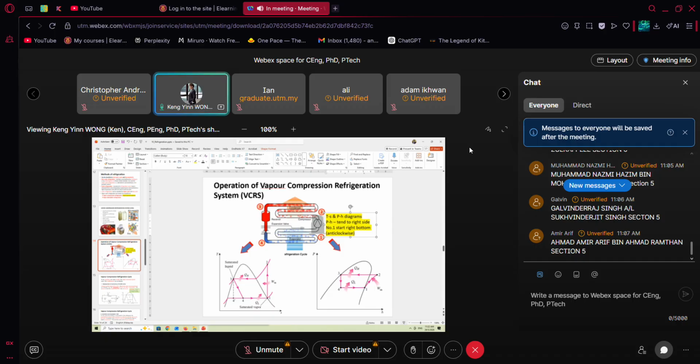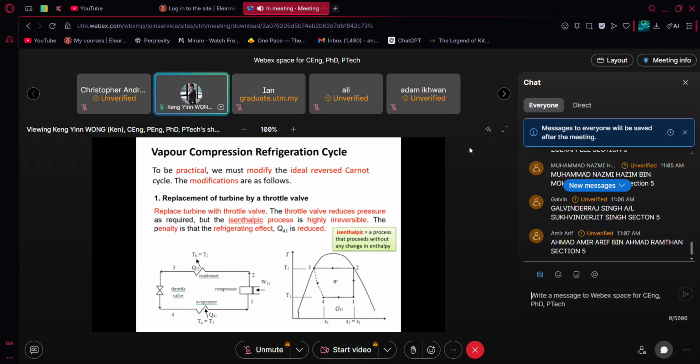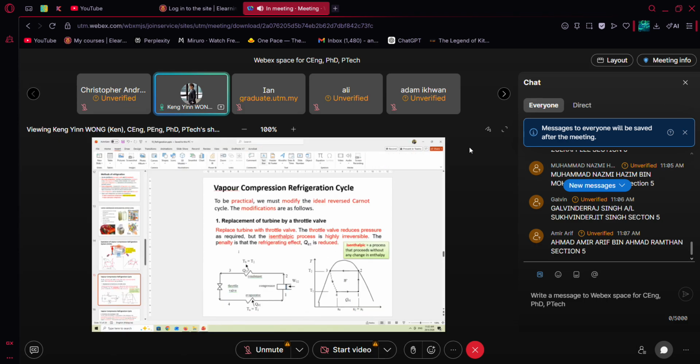Okay, so next. Just for your information, just now we had a compressor and a turbine. This is for the ideal cycle, but remember, in an actual refrigeration cycle, you are not going to have a turbine. You replace it with a throttle valve. Everyone write it down somewhere else: replace turbine with throttle valve.